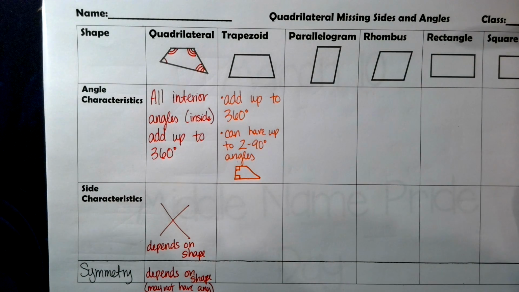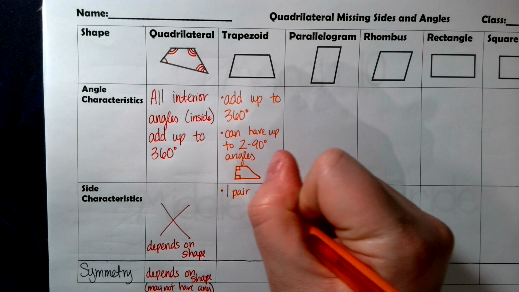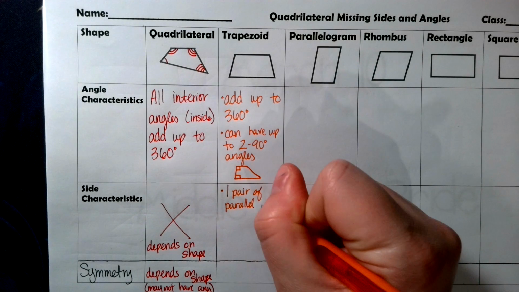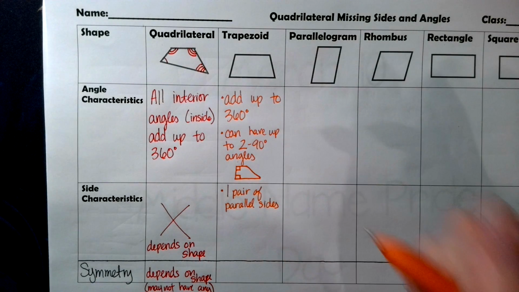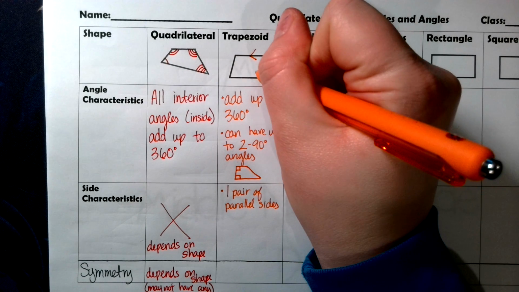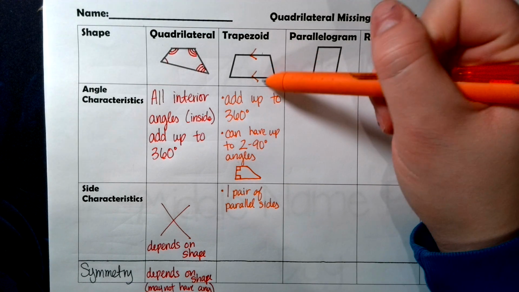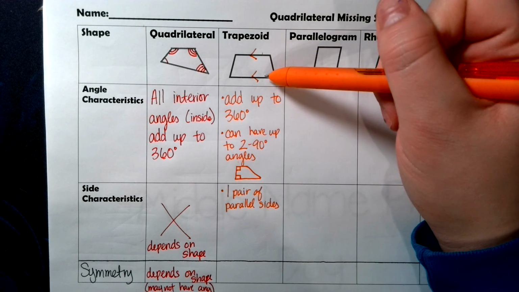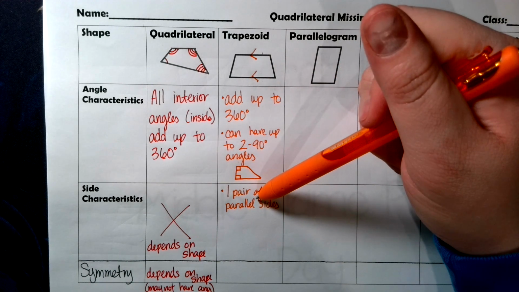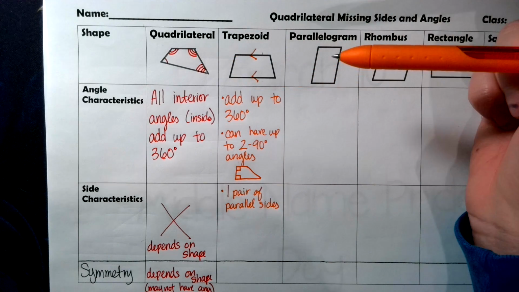For their sides, they have one pair of parallel sides. The way that we show parallel sides is with these little pointy arrows. Having these two arrows shows that these two sides are parallel to each other. If you have not done the vocabulary yet, parallel means that they're going to keep on going forever and ever and ever, and they're never going to touch.